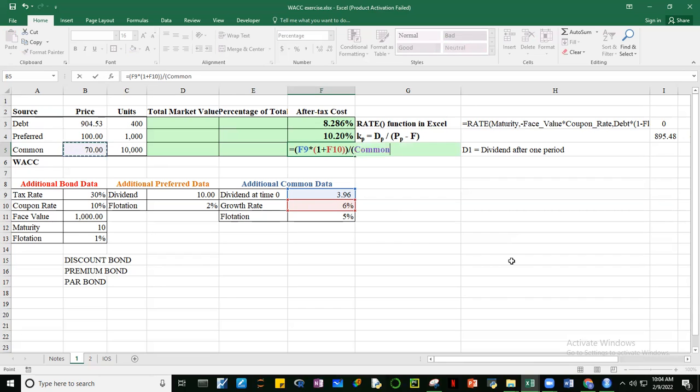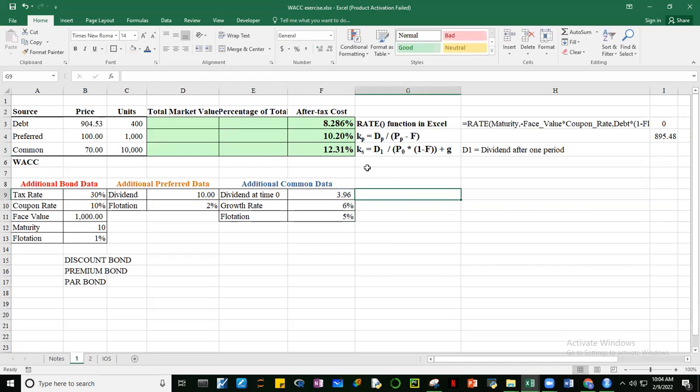It's 70. Kaso hindi lahat yung makukuha, mababawasan siya ng 5%. Tapos dapat i-add natin yung growth rate. Okay, mali ako kanina, dapat nagawa kong plus G. So this should be correct already.